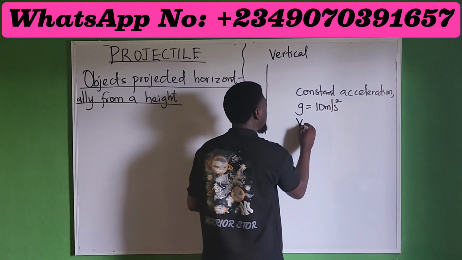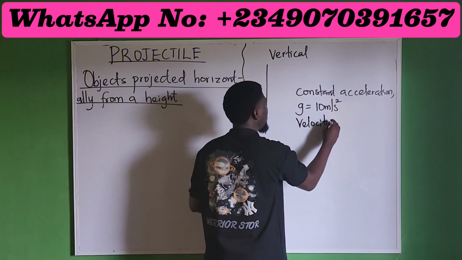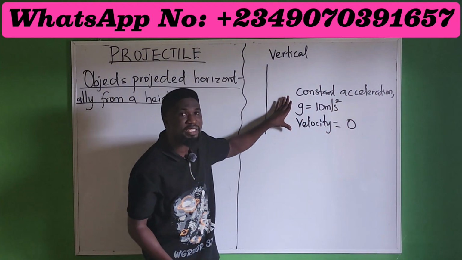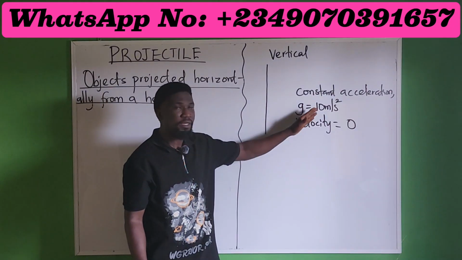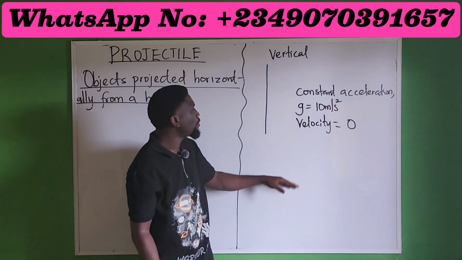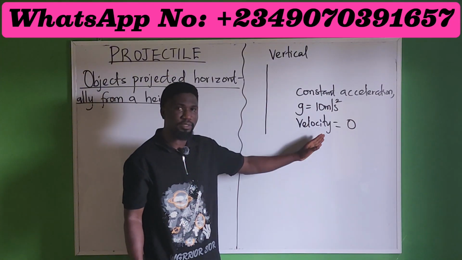And the initial velocity is going to be 0. Please take note of this pertaining to the vertical motion, that there is constant acceleration where g is 10 meters per second squared, and also initial velocity is 0.